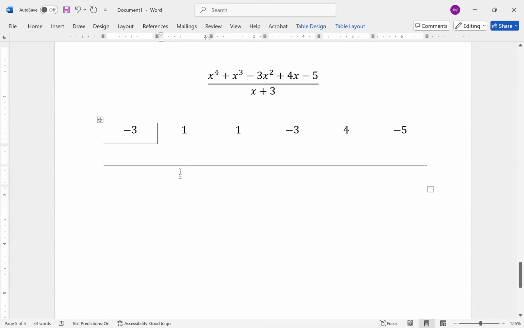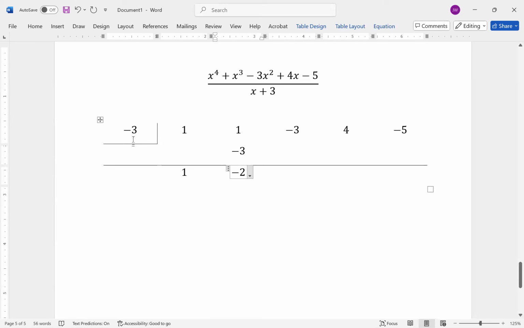The first step is to drop that 1. I drop that 1 here, and then I multiply the -3 times the 1, and I write it here. That becomes -3 times 1, which is -3. Then I add these two things up. When I add these two things up, I end up with a -2.